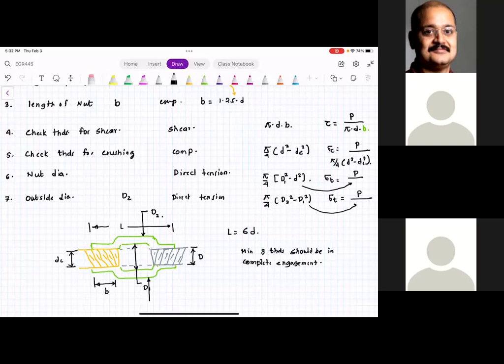So you must have minimum 3 complete threads, not the threads at the entry or threads at the exit. For example, threads here and threads here, they are not load bearing, they are just guiding, because these threads are not complete, they just guide the screw. So you should have at least 1, 2, 3 threads in complete engagement so that the joint can stay safe. Everyone understood this?